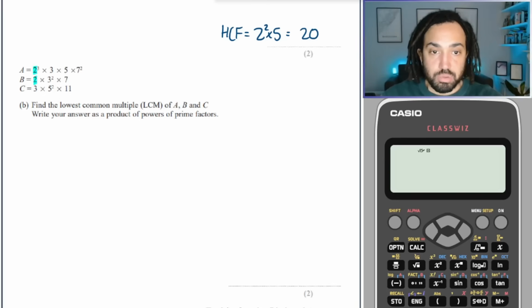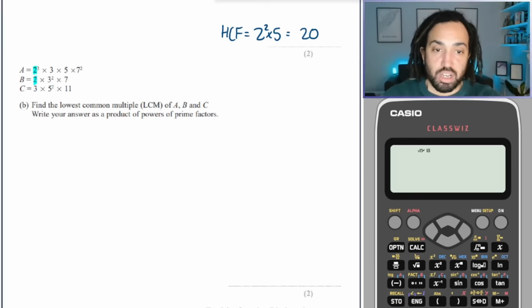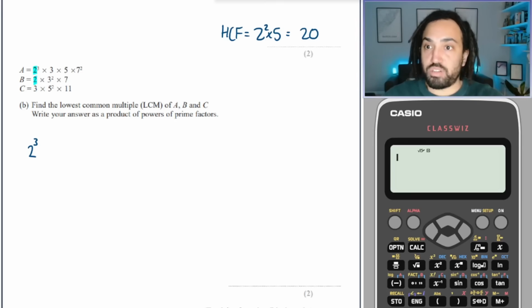So for example, we've got a 2 here, so we must take the highest 2, which is 2 cubed, because this number that we're creating must be a multiple of A, so it must have 3 2's in it.